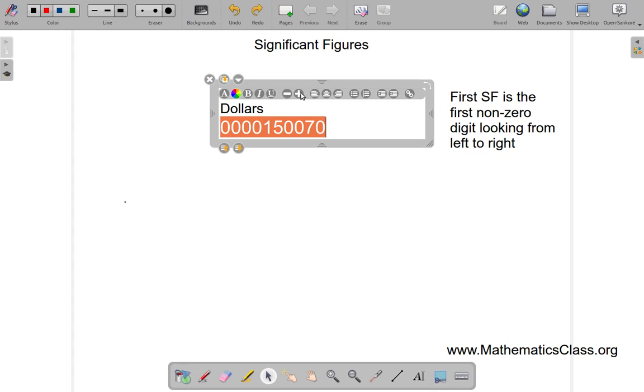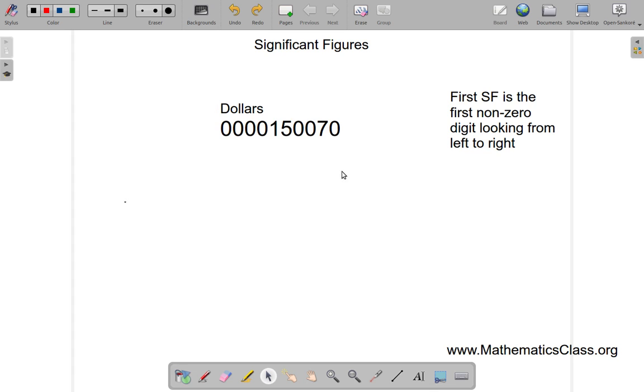Let me make these numbers a little bigger. Of course it would be left to right because we read and write from left to right. So the first significant figure is supposed to be the first non-zero digit looking from left to right. That means the first digit that is not 0.